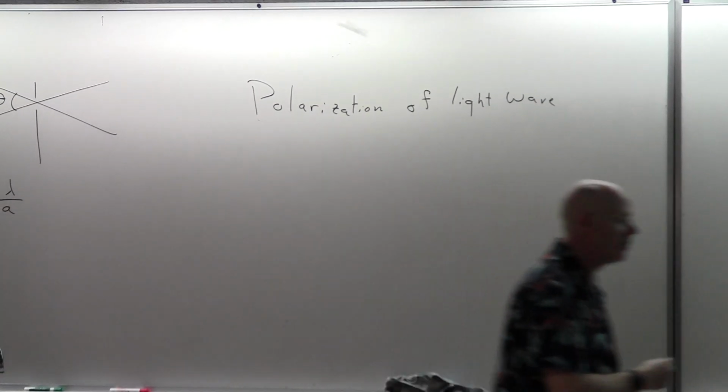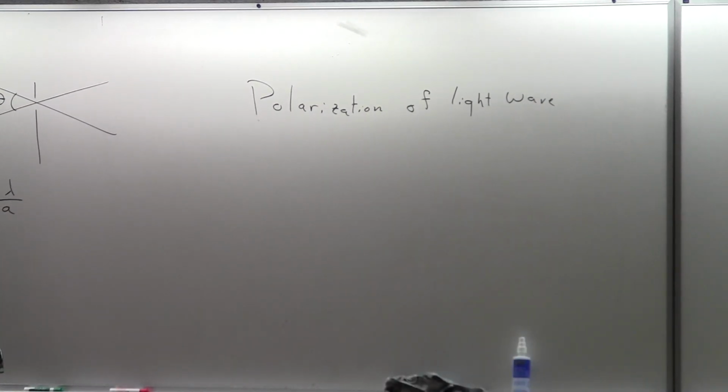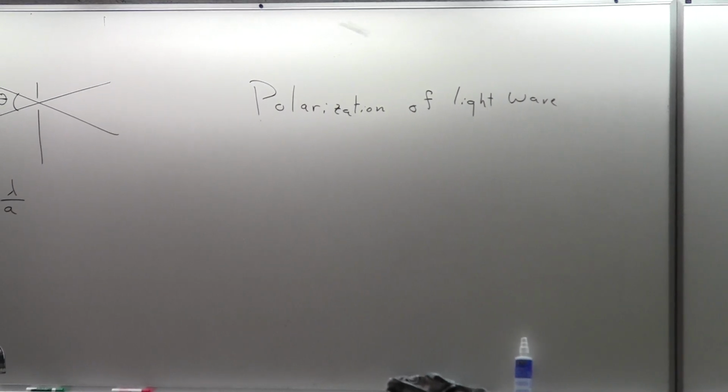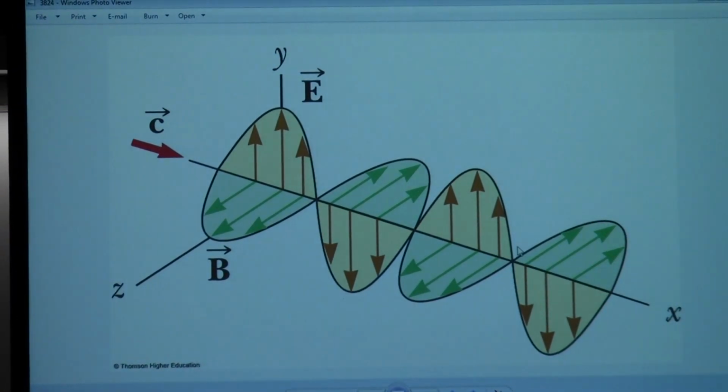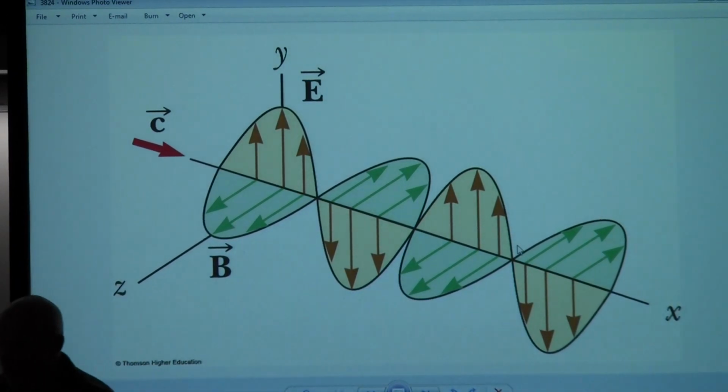It's probably best to remind you of our light waves and what they would look like if you could see a wave traveling. Your author does this again in figure 24. He says, remember this. This is what a light wave would look like.